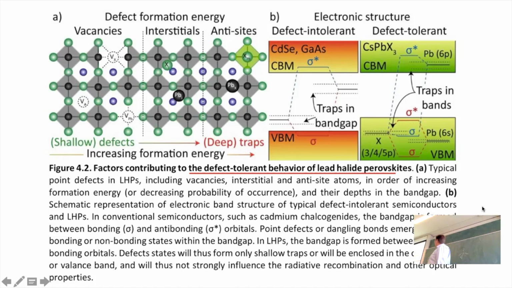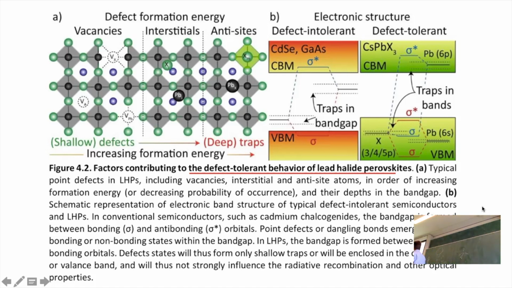And now the defects have an energy. They're like an extra state. In normal semiconductors, like gallium arsenide, these defects are trap states, and they are mainly within the band gap. So you have the band gap, the valence band, the conduction band. In between, there are these defect states. And so charges are lost there.